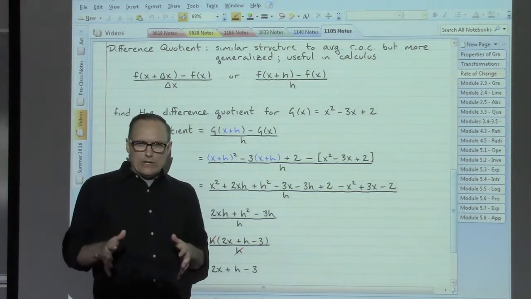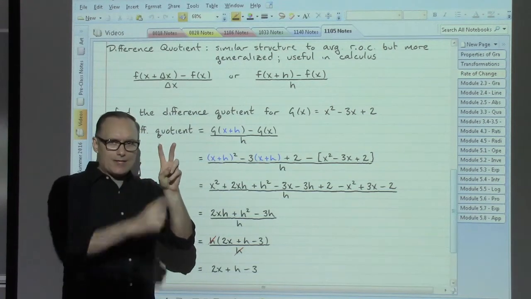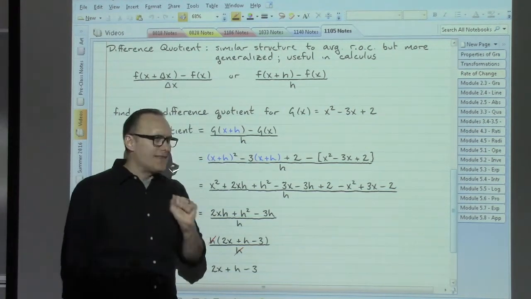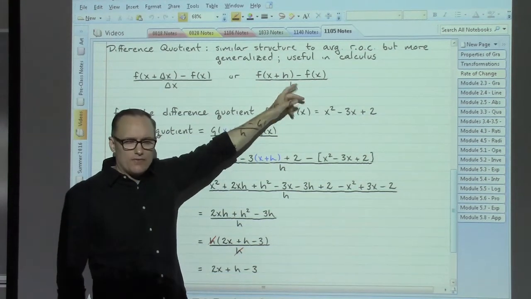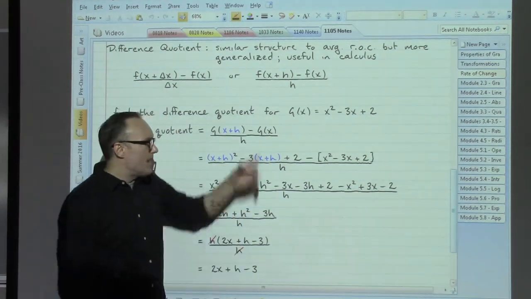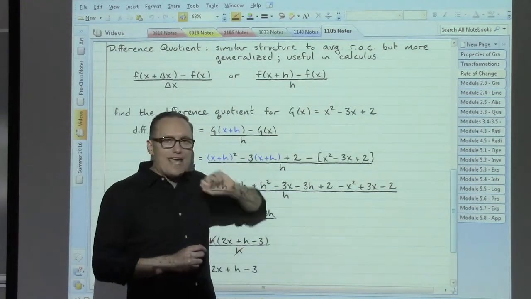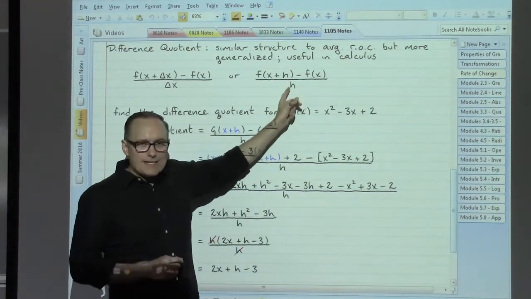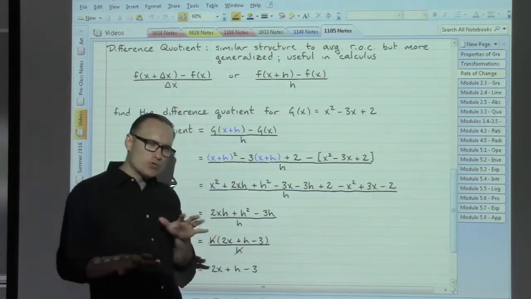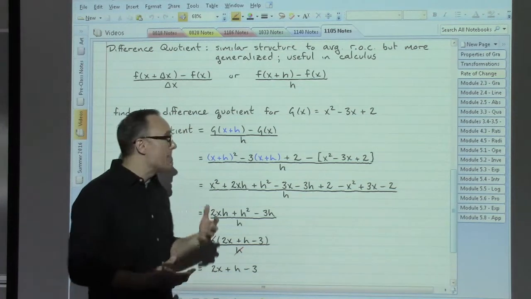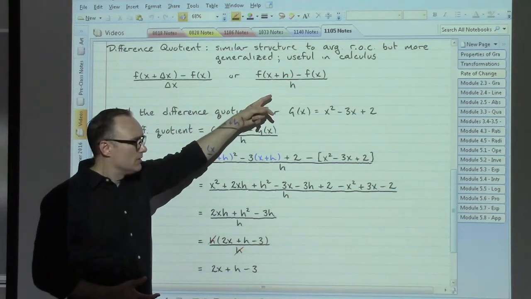But even that's a little annoying, so as far as math people go, why say delta x, two symbols, when we can streamline that just a little bit? Let's just use a letter that we don't necessarily have often appearing in another sort of way. Let's say x plus a little tiny bit that we'll call h. That way that denominator, instead of being that delta x, is just h, one symbol, kind of streamlines things. Still the same idea. These are both the difference quotient.